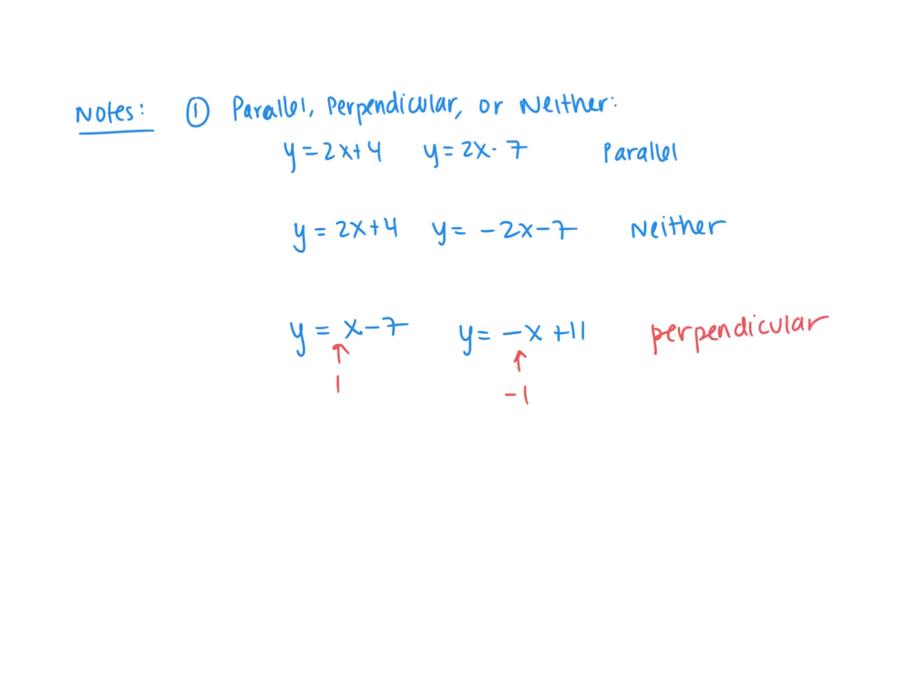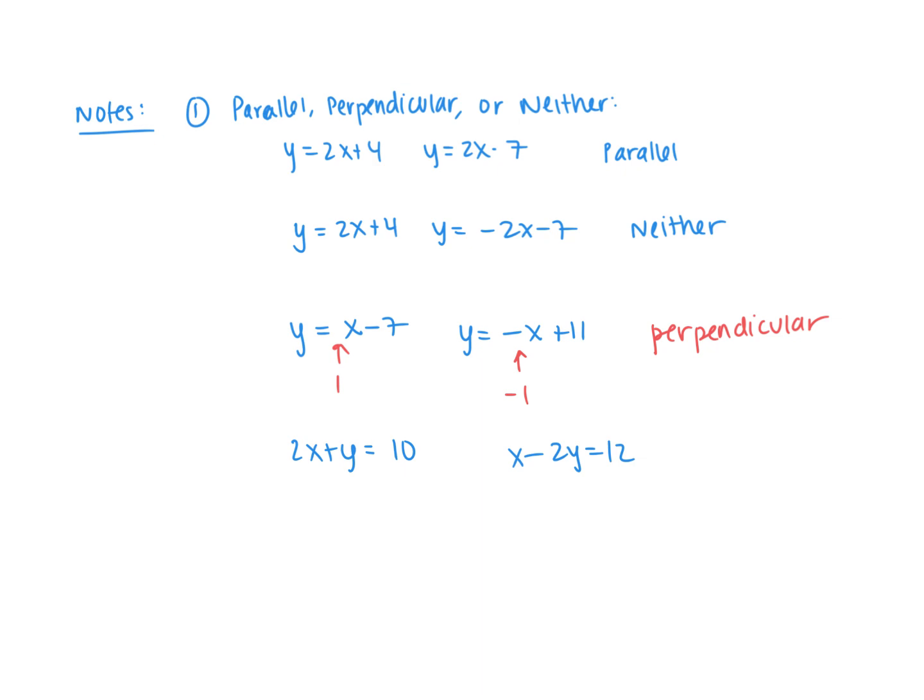Okay, and then here's where I want to make sure that we are very careful. If we were to get something like this, 2x plus y equals 10, and x minus 2y equals 12. Can we tell the slope just by looking at these?